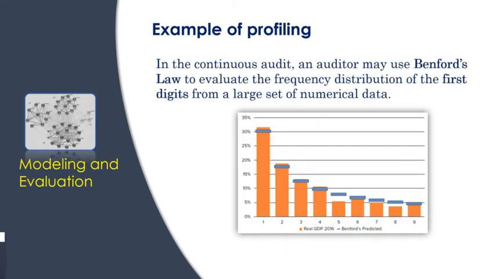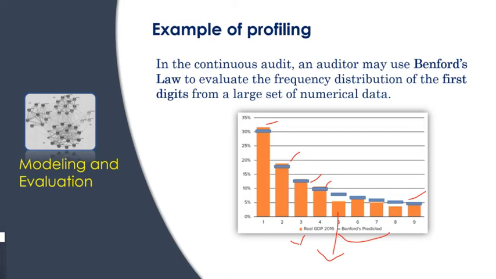Then another example. This is Benford's law. These are the Benford predictions, and this is the real GDP in 2016. So this year we have more, but this year we have less.